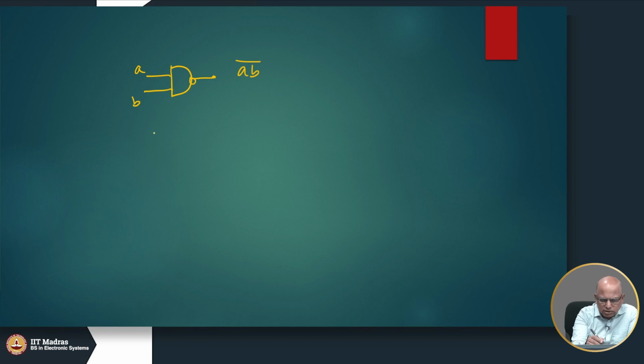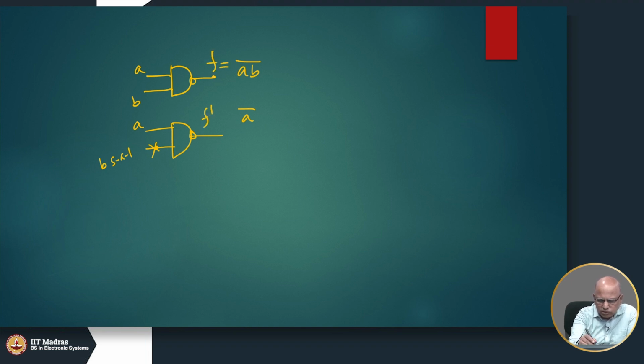Let us take a faulty circuit in which B is stuck at 1. So, if B is stuck at 1, this circuit will produce A bar. Okay. So, B is 1, so A dot B whole bar will become A bar. Okay. So, this is my F and this is my F prime.